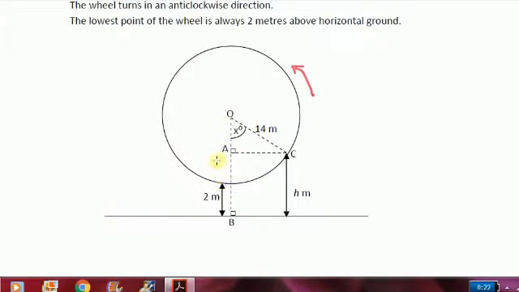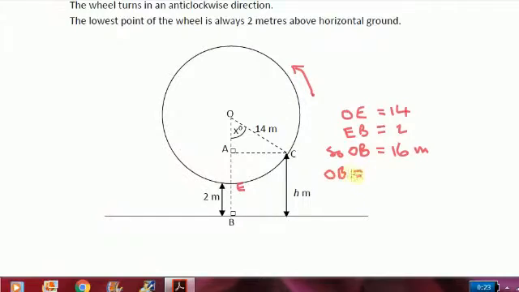Let's call that point maybe E. Then can you see that OE is equal to 14 because it's the radius of the circle, and from E to B we know is 2 meters, so from O to B is 14 plus 2, 16 meters, right? But from O to B we can get it another way.